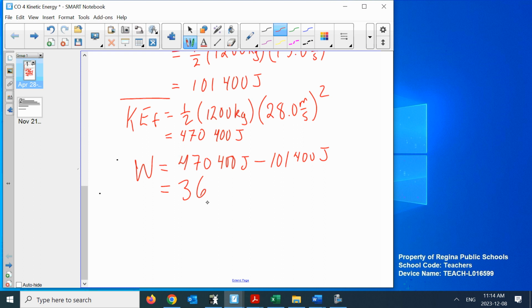Now we're going to talk about what this work was. 369,000 joules. What are you assuming did the work? And this 369,000 joules of energy, so 369 kilojoules, is how much energy the engine provided the vehicle to get it up to 100 kilometers per hour.